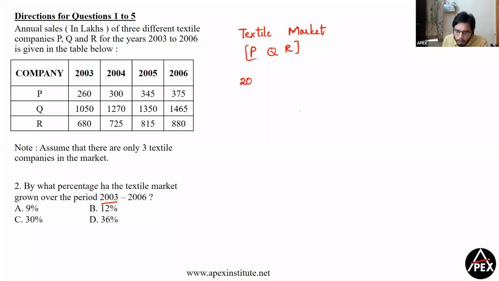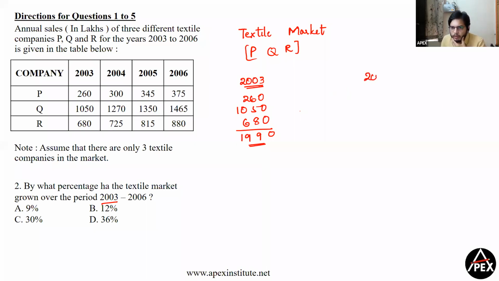Now let us see in 2003 what is the total number of sales in the textile market. So 260 plus 1050 plus 680. So this will be 1990, isn't it? This is 1990.